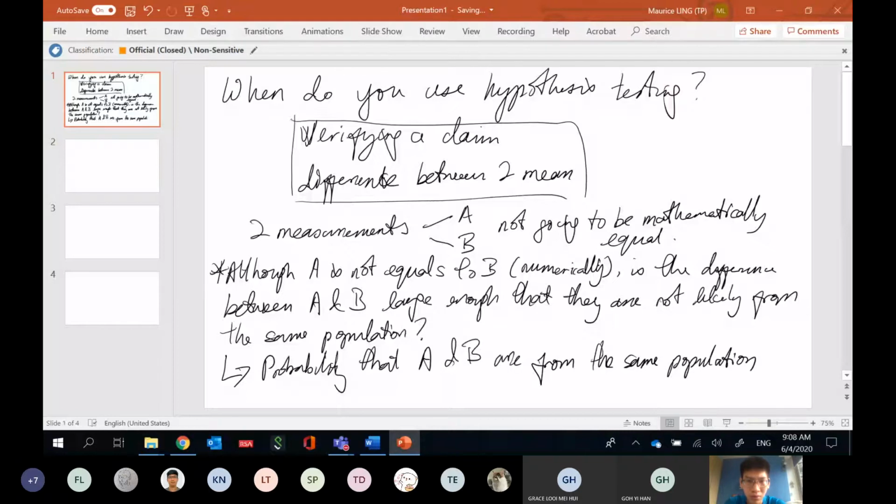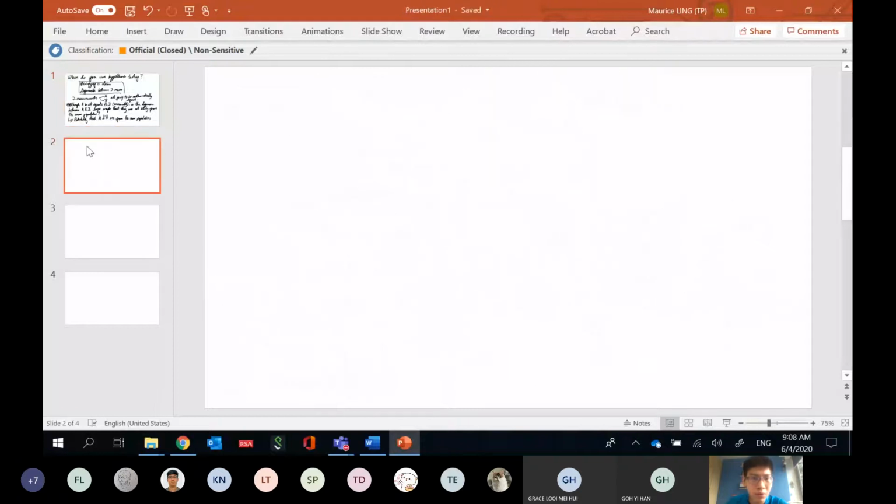Okay. So this is the basis of all hypothesis testing. When do you use it? Okay, so essentially what we have so far is your one mean hypothesis testing. So this is what we cover for today, one mean hypothesis testing.